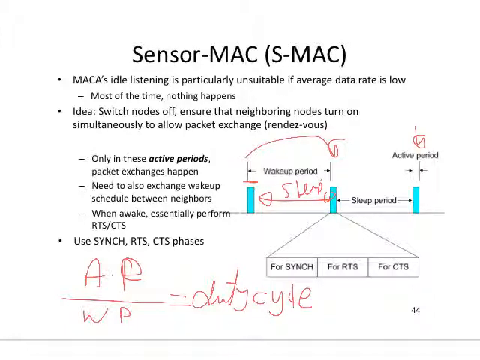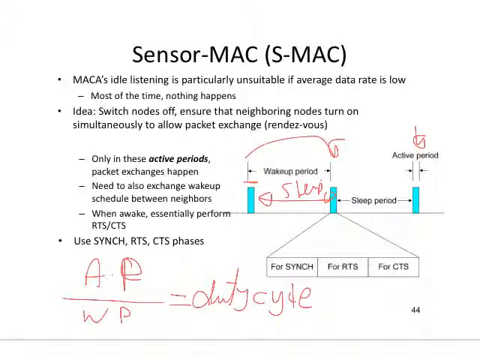So implicitly, this assumes that the traffic in my network is somewhat homogeneous, or it does not change a lot. Otherwise, you have to keep optimizing this duty cycle based on the traffic. Okay? But SMAC doesn't do that.